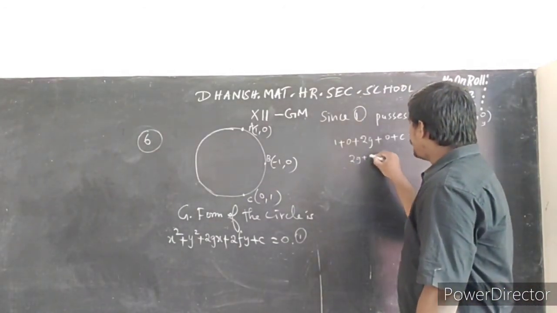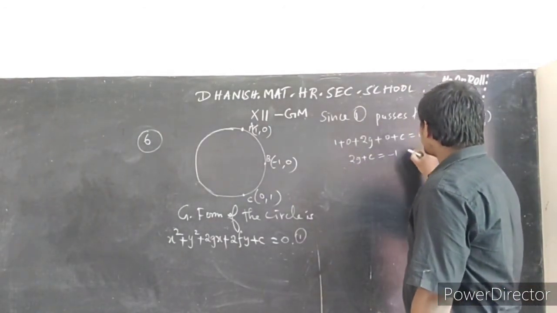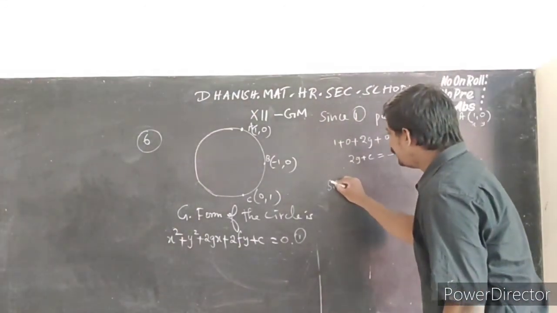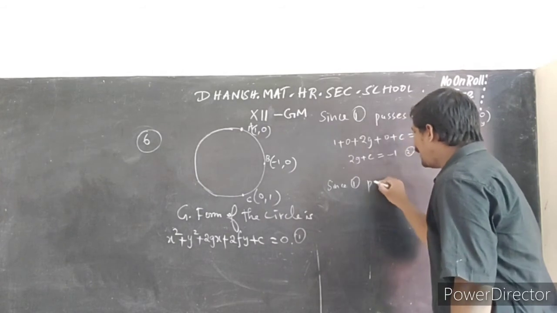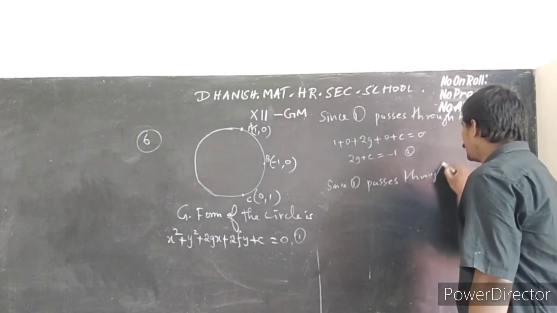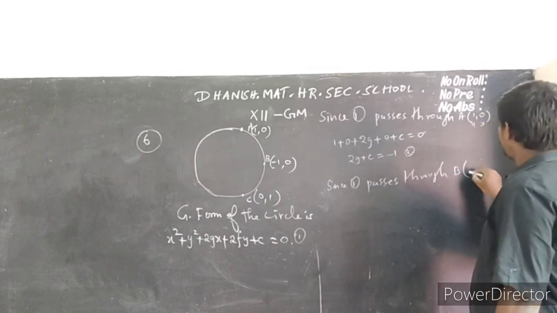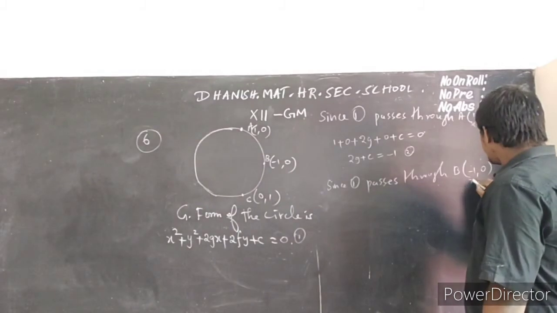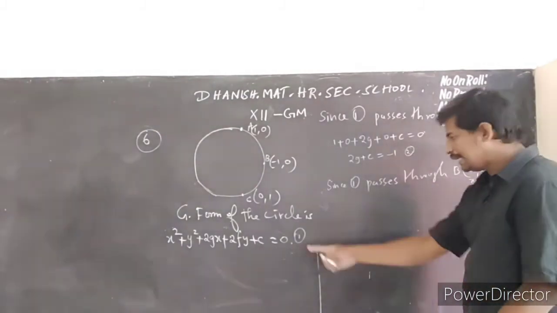So 2g plus c equal to minus 1. It can be taken as equation 2. Again, since equation 1 passes through B, minus 1, 0, I am going to substitute x as minus 1 and y as 0 in equation 1.